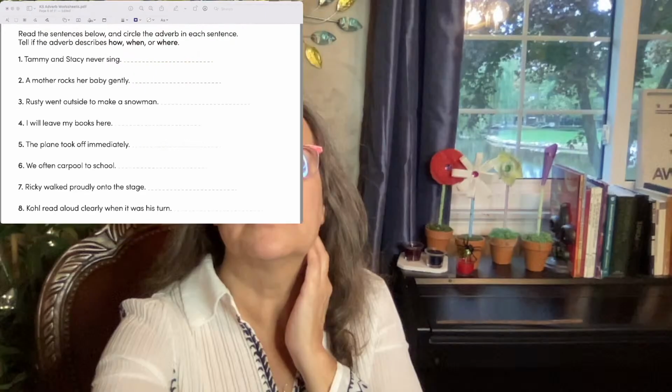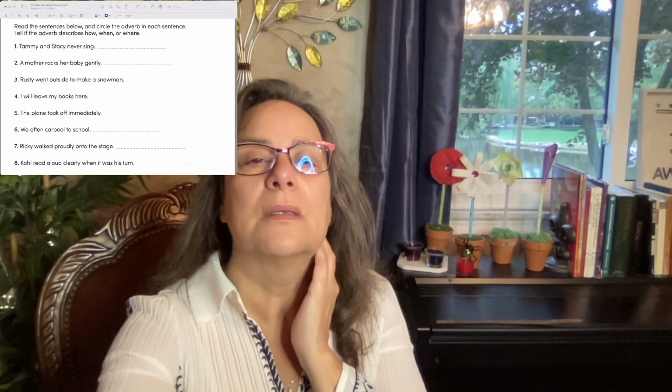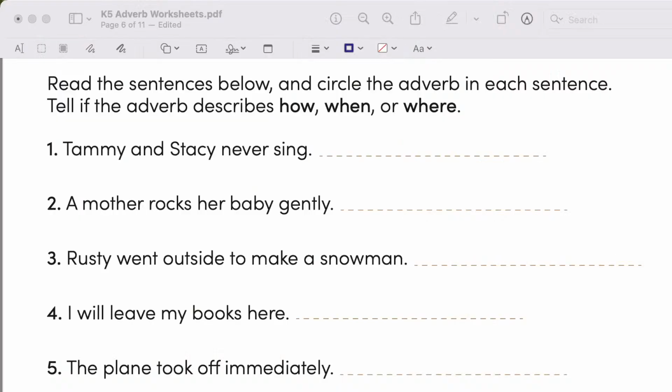Okay. This is the one I wanted. That's an ad. Those are more adverbs there.